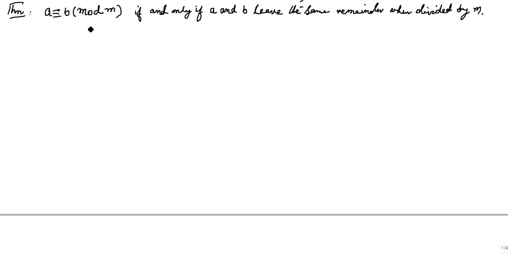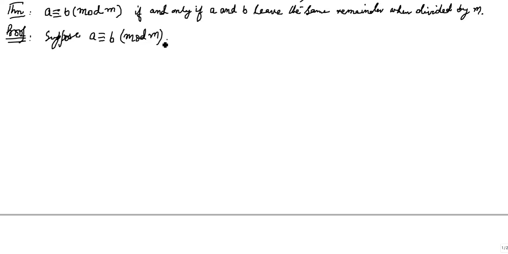So, in both cases. Because this is an if and only if condition, we will start our proof. Okay. So, we suppose A is congruent to B modulo M.